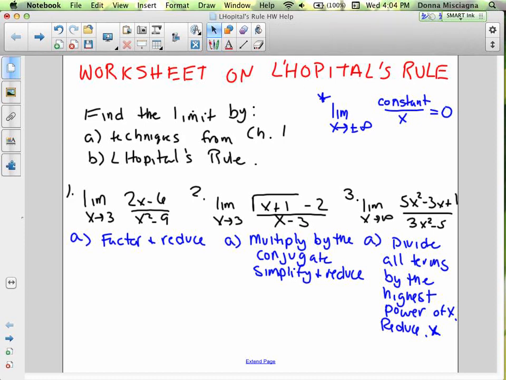On the other ones, for the B part, you'll use L'Hopital's rule. Boy, I don't have much space on the last problem there. This one is straight power rule for finding the derivative.